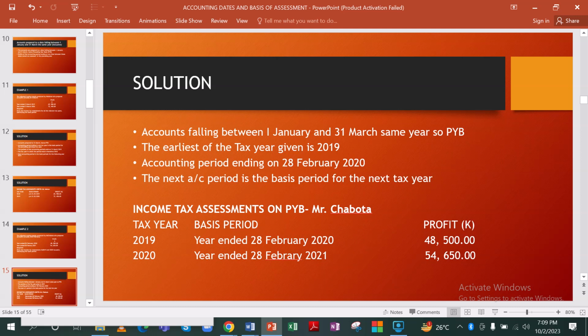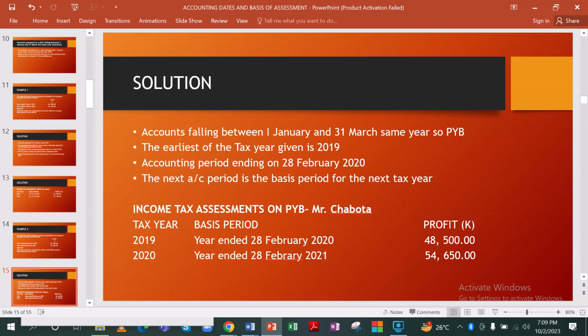So again, you take note that you have to show the tax year involved, and then the basis period, meaning the period in which the profit was generated, which is going to be used to calculate the tax in 2019, and the amount involved, the profit in this case. So that's what you do. Hence you have income tax assessment on preceding year basis for the taxpayer, Mr. Chabot.